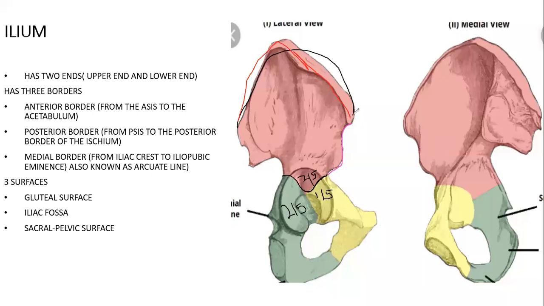The anterior superior iliac spine is just the anterior projection of the iliac crest. Then at the back there, you're going to have the posterior superior iliac spine. That is just a posterior projection of the iliac crest. So the anterior border is going to begin from the anterior superior iliac spine and it ends at the acetabulum. So this is the anterior border.